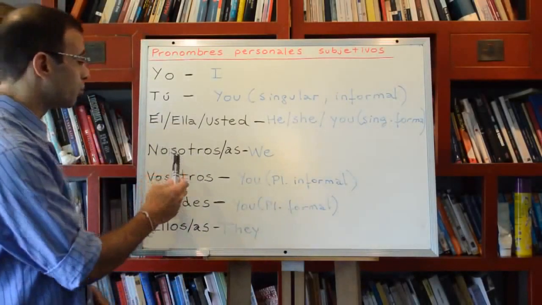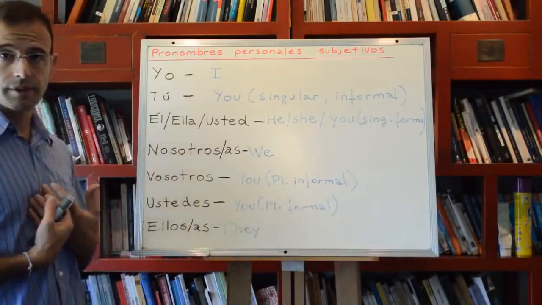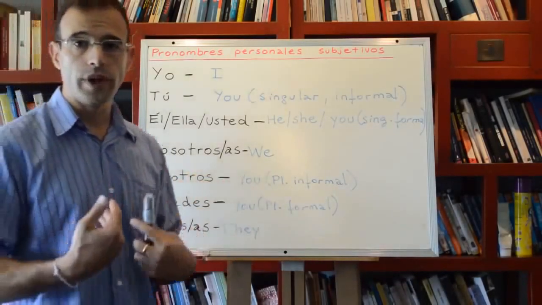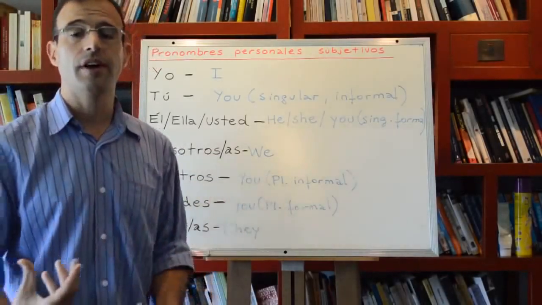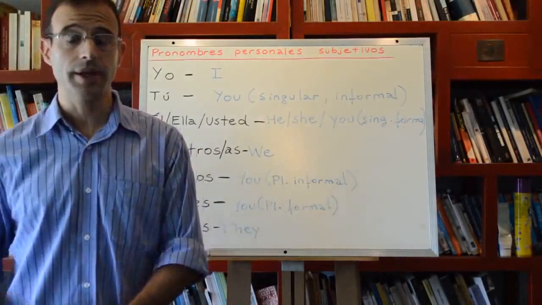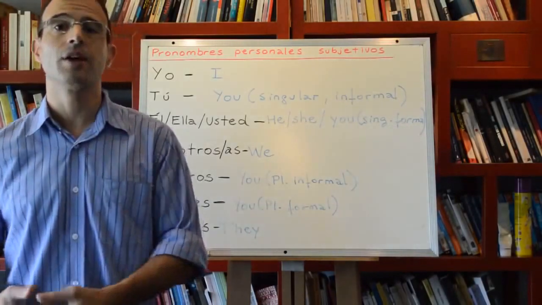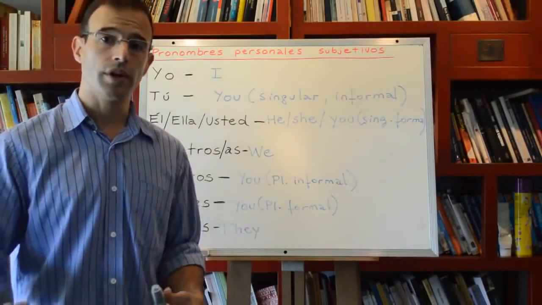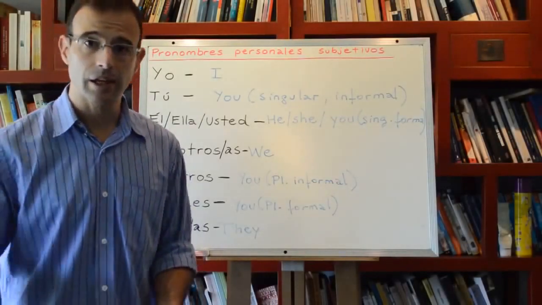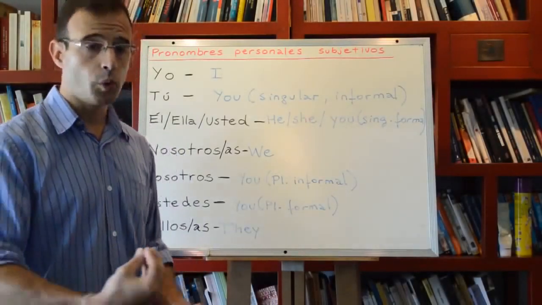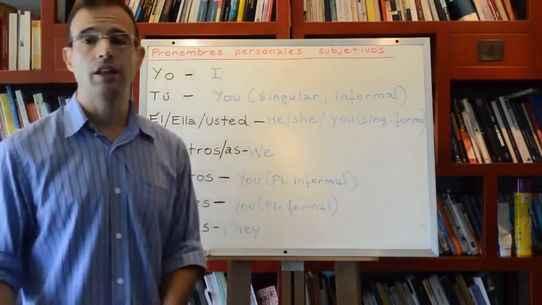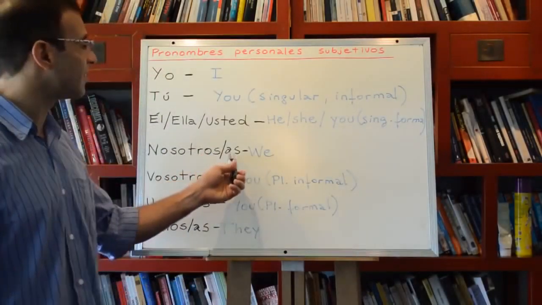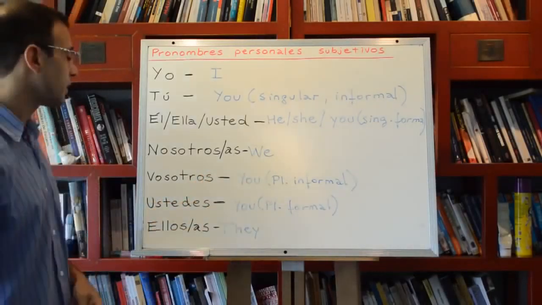Okay, nosotros for we, right? And nosotras for we when the we is a group of women, okay? So it's the feminine we, okay? So for a mixed or just male group of people, we is nosotros, and for just female is nosotras, okay?